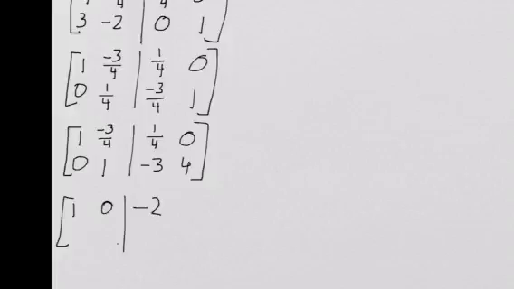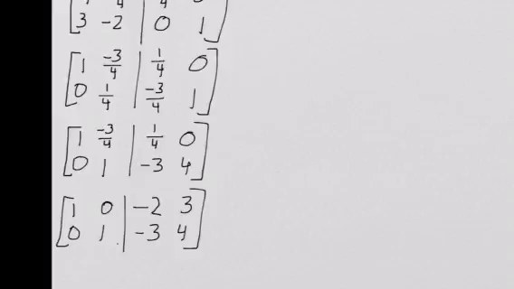And -3/4 times 4 is positive 3. And the second row stays the same. So we get a matrix that looks like that.